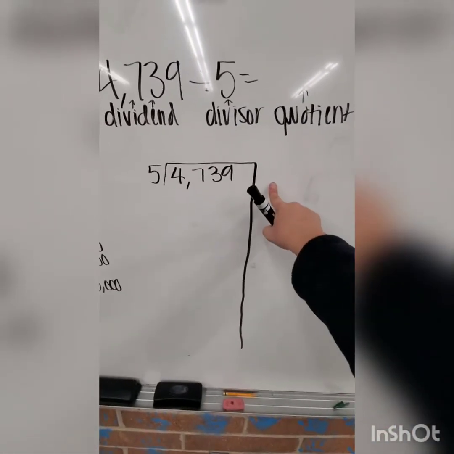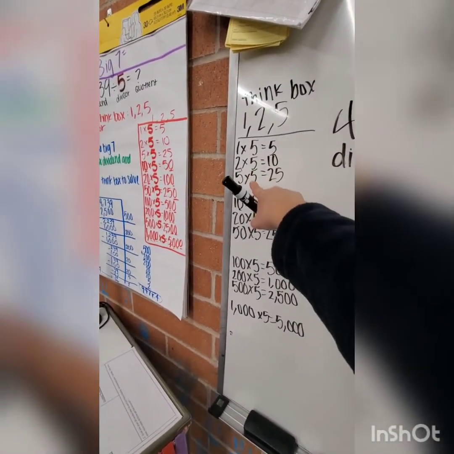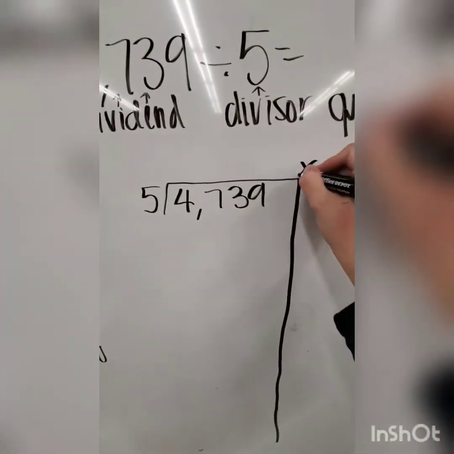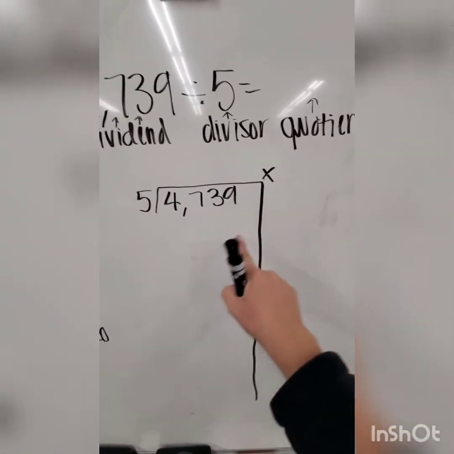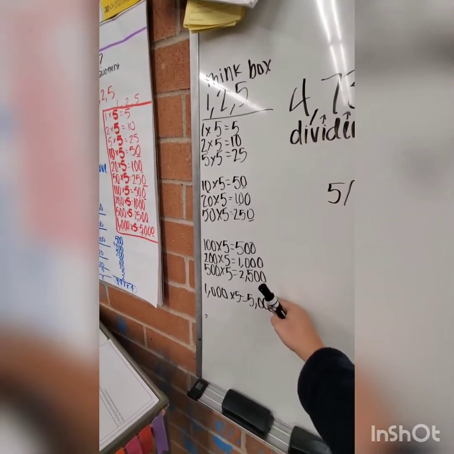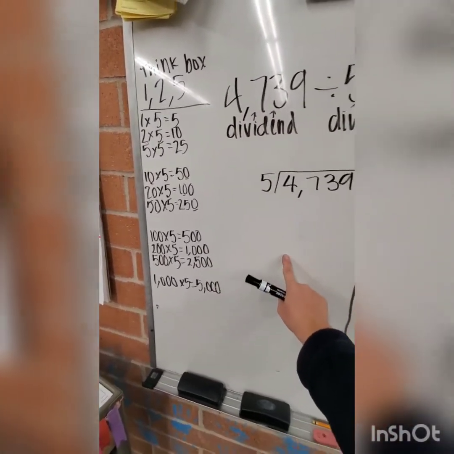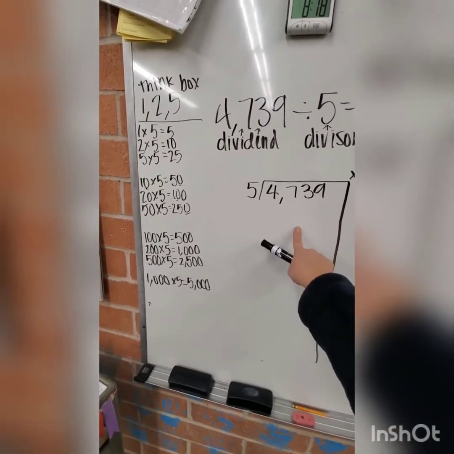On this side is where I'm going to be putting my quotients. So I'm going to be putting 5 times something. So I have to find over here the product that gets me closest to 4,739 but doesn't go over it.